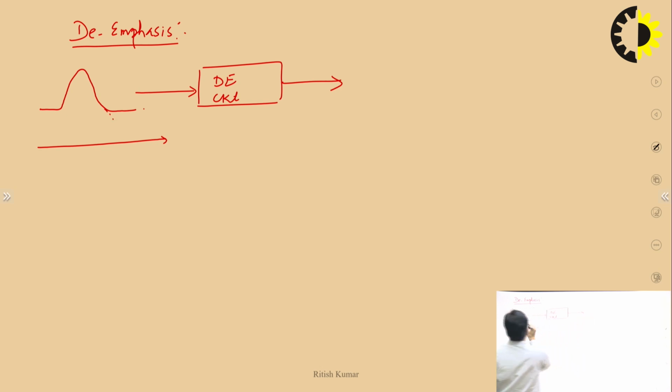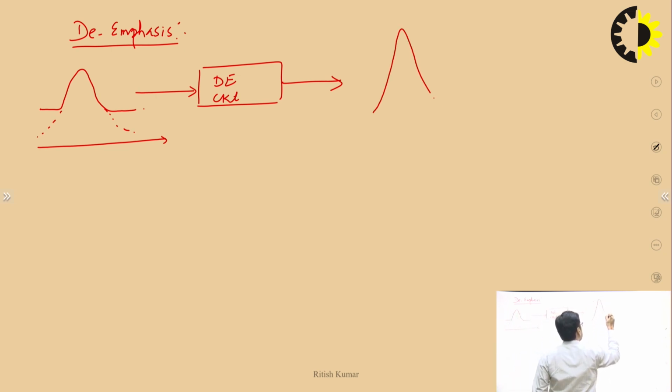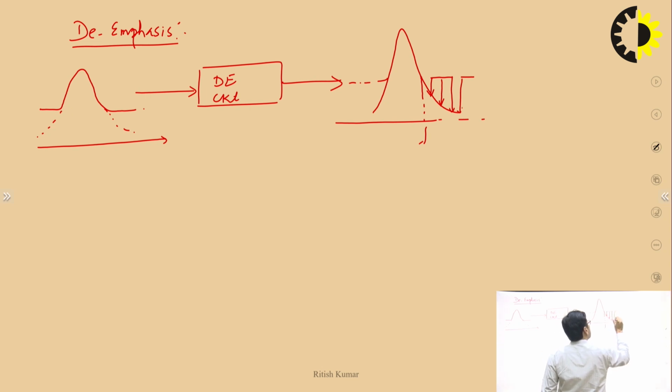So this is the original signal after passing the de-emphasis process. After a certain frequency, you have to decrease the signal strength. So you can see here, you need to do a linear decrease at frequencies above the certain frequency f, right?